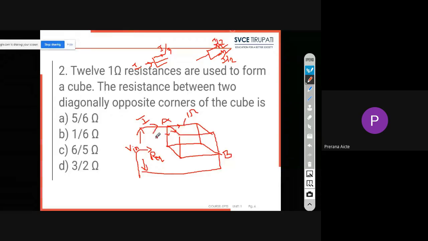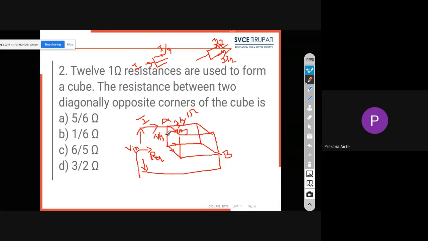So it will carry the same current, yes or no? This is I by 3, and this is also I by 3, and this is also I by 3. Is it clear or any doubt? Now, this branch is subdivided into how many parts at this node? 2.